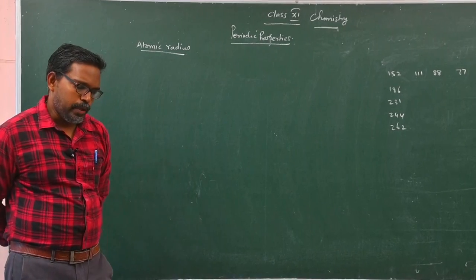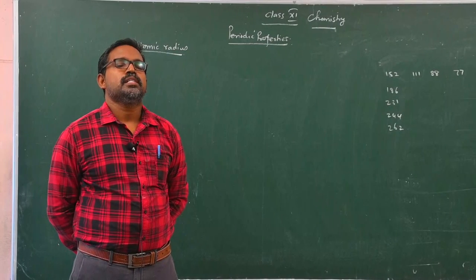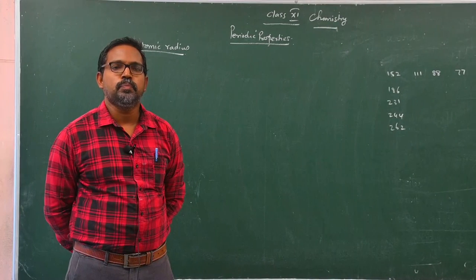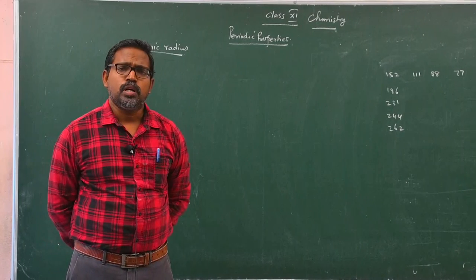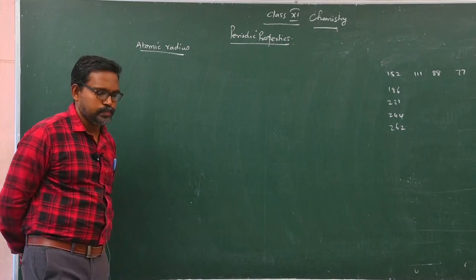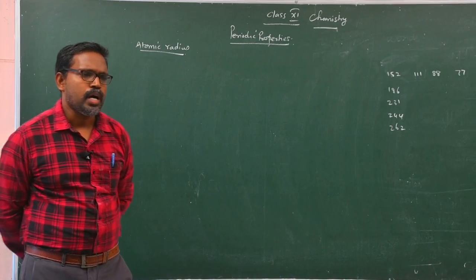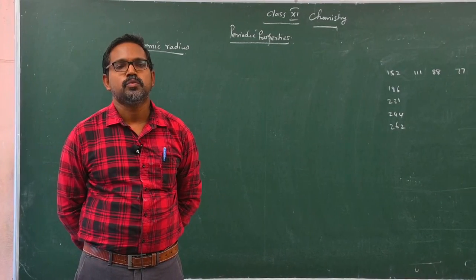So, under this topic, what is atomic radius? How does atomic radius vary in a group as well as a period, and what are the factors which influence this atomic radius? We know that the size of an atom is very small.